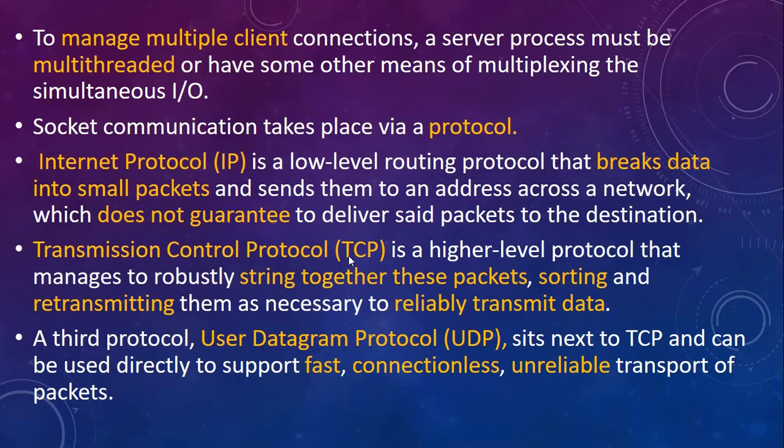For this three-way handshaking mechanism to be successful, it takes a considerable amount of time. In many cases where you want super fast communication, people go for the second type of protocol, that is UDP, or User Datagram Protocol.